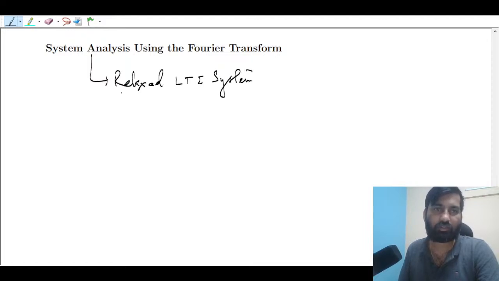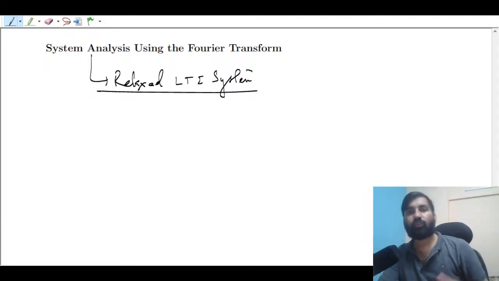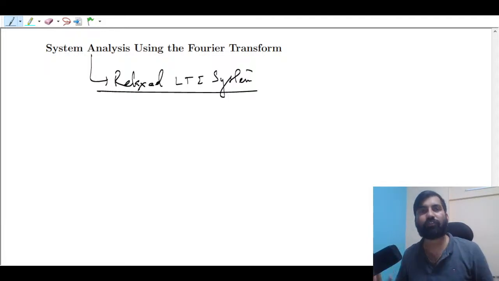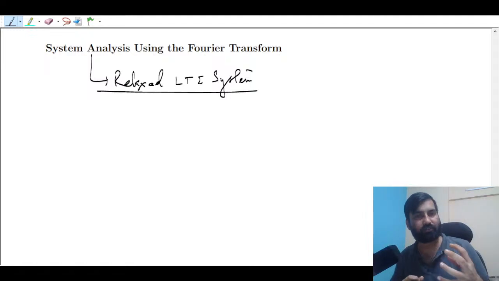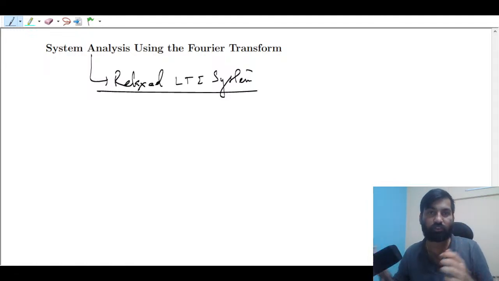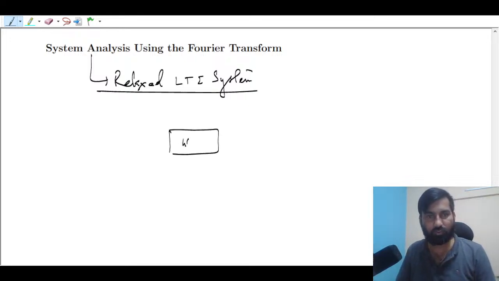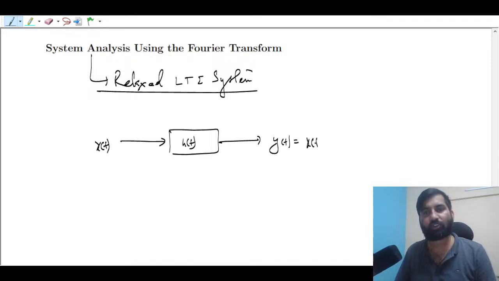In the time domain, if the input is given and the impulse response is there, you have to find the output. Suppose this is h(t), and this is your input x(t), then you have to find y(t), which is nothing but the convolution x(t) convolved with h(t).